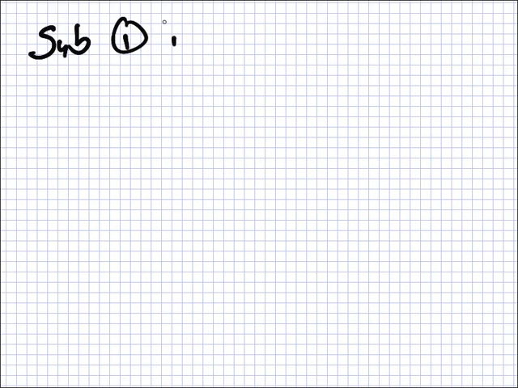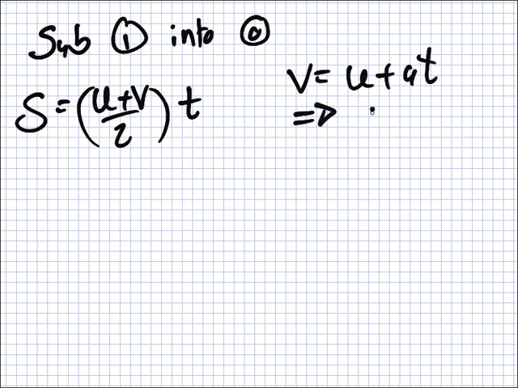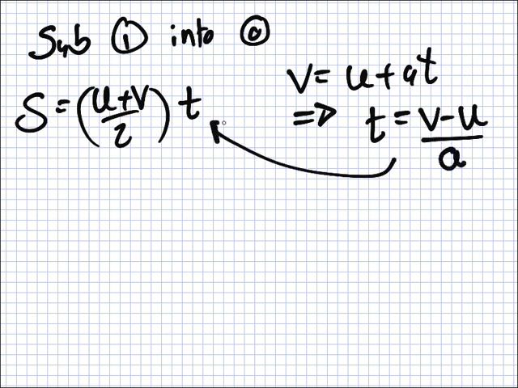So sub 1 into 0. So S equals U plus V over 2 times T. And we have V equals U plus AT. And this means that T equals V minus U over A. And I'll sub that in this time.